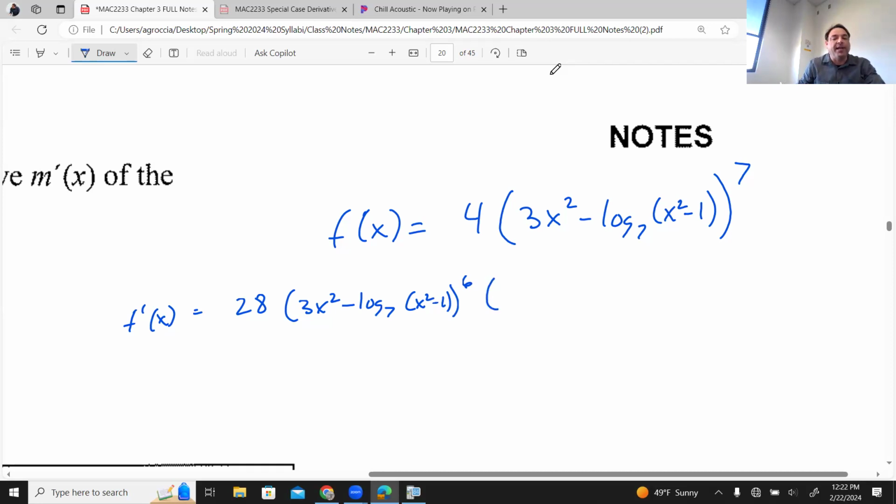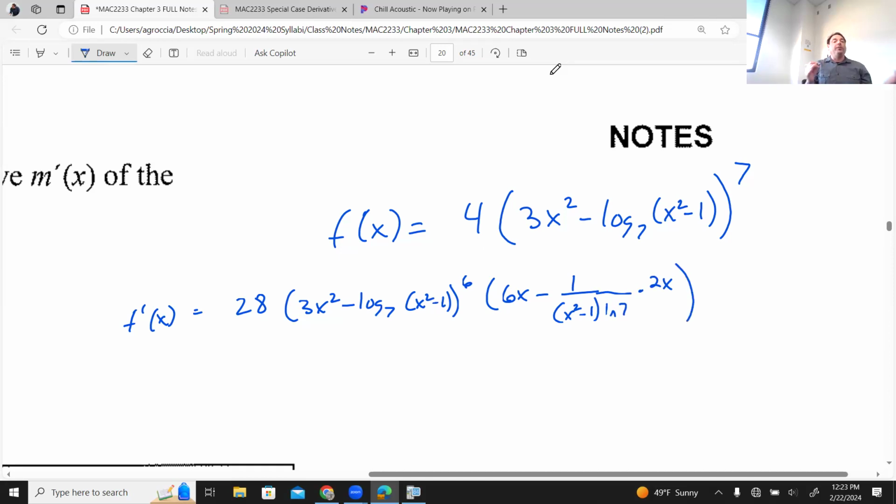The derivative of 3x squared is 6x minus the derivative of a log. It's just the derivative of the inside, and what happens to be inside is a log. Do we know how to take a derivative of a log? Yeah, it's 1 over, in parentheses, whatever you're taking the log of, ln of the base, times the derivative of the inside, which would be 2x.